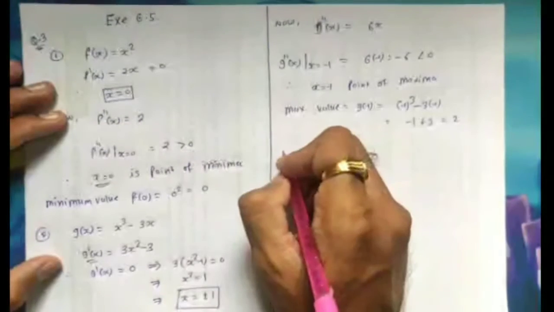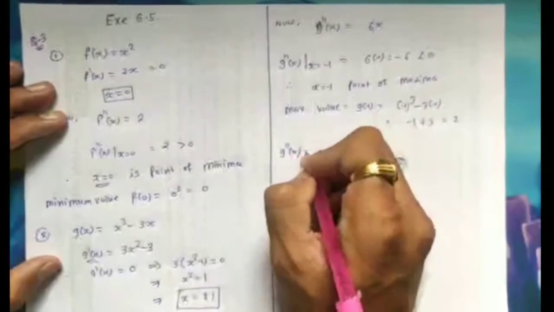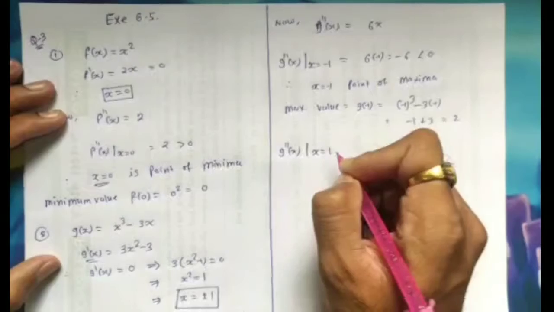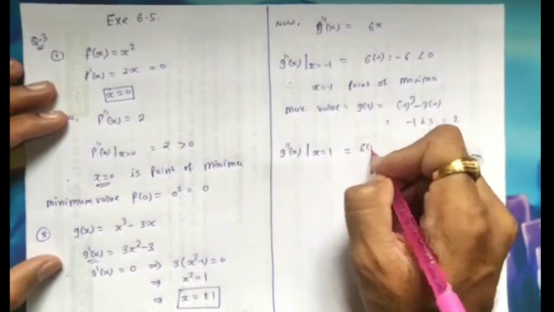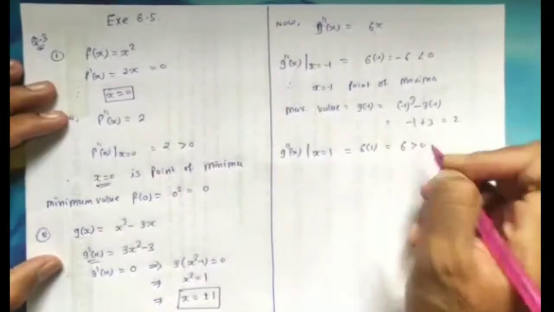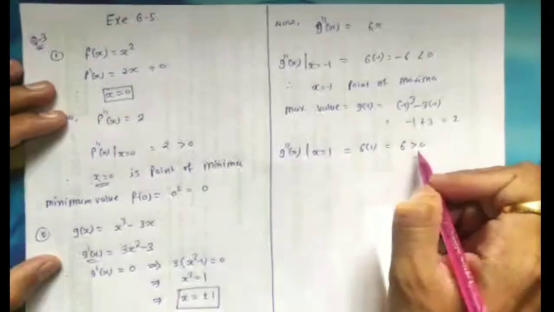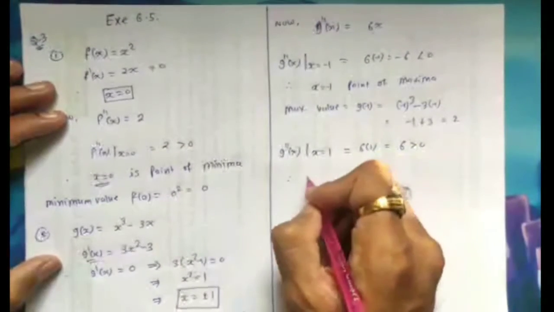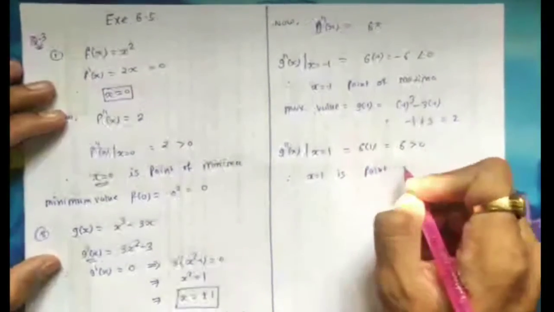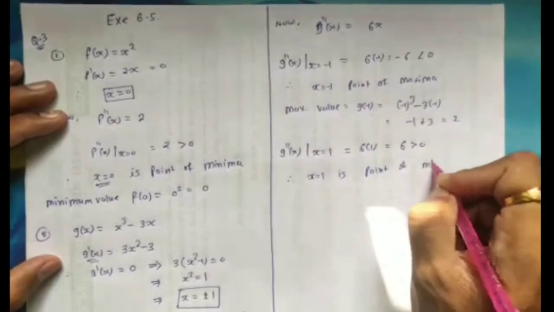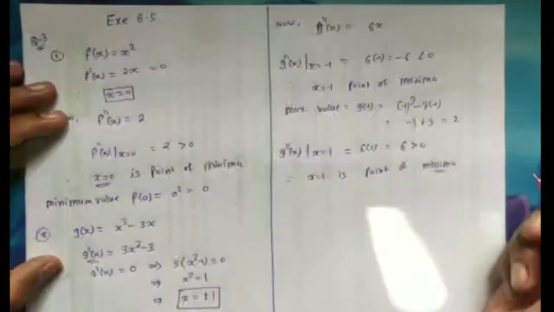Similarly, we can also find the minimum value. Here g double dash x at x equal to 1 is equal to 6 into 1, which is 6, greater than 0. So g double dash x is greater than 0, and we can say that x equal to 1 is the point of minima.